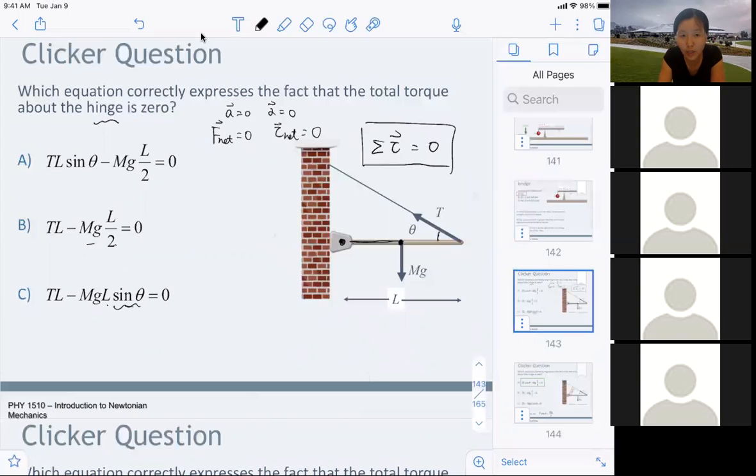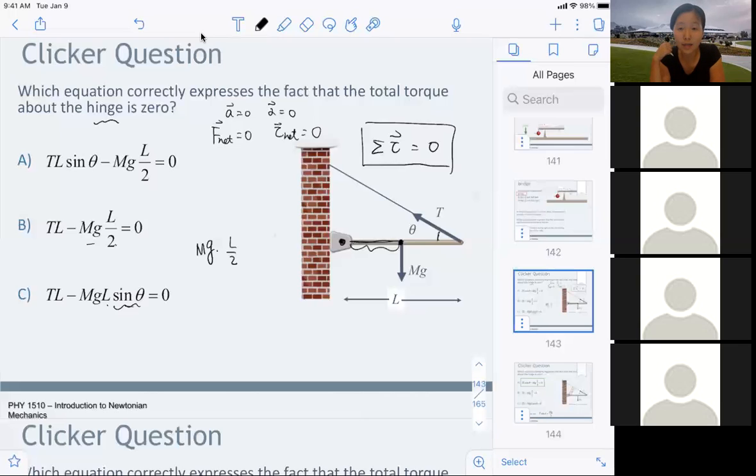But let's look at, if we have to write this down ourselves, how do we do it more systematically? Here we have two forces. We need to sum up the torque from these two forces. Let's look at gravity first. The torque by gravity is force times the lever arm, which is this distance L over 2. The angle between them is 90 degrees, so it's really just mg times L over 2.